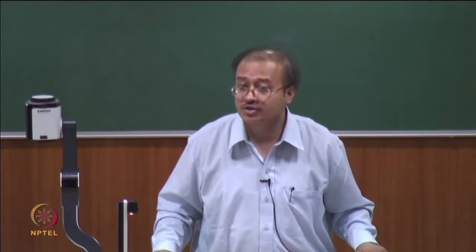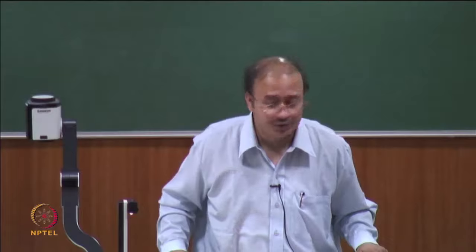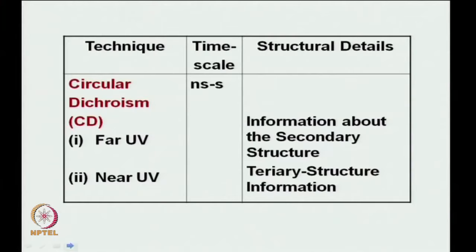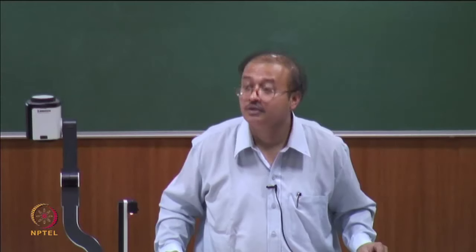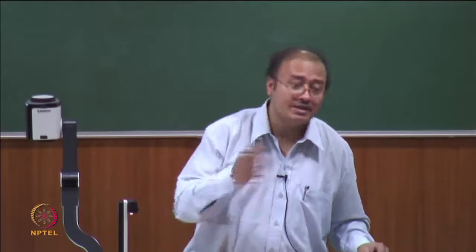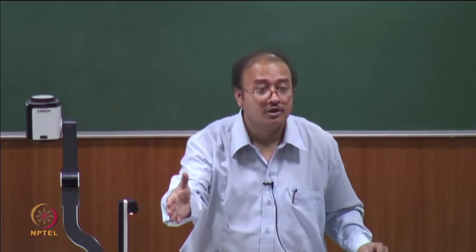Not only the secondary structure, you can also look at the tertiary structure. That is why you will see there are two wavelength regions, one is the far UV and one is the near UV. So, what is this far and near about? Near and far is with respect to what? Why do we call near, why do we call far? What wavelength? Visible, right. If anything is near UV, that means it is in the UV region, but near to the visible.